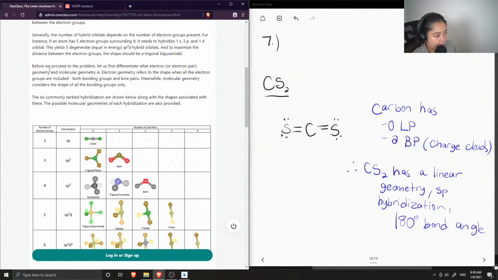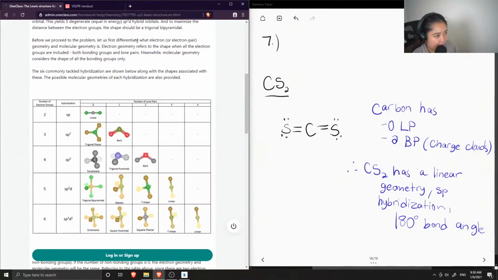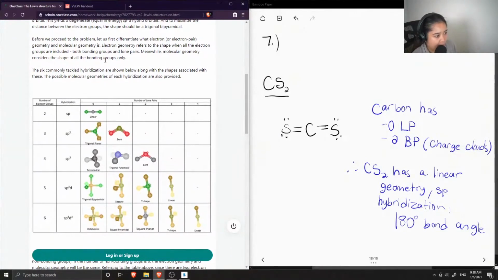And before we proceed to the problem, let us first differentiate what electron or molecular geometry is. Electron geometry refers to the shape when all the electron groups are included, both bonding groups and lone pairs. Meanwhile, molecular geometry considers the shape of all the bonding groups only.